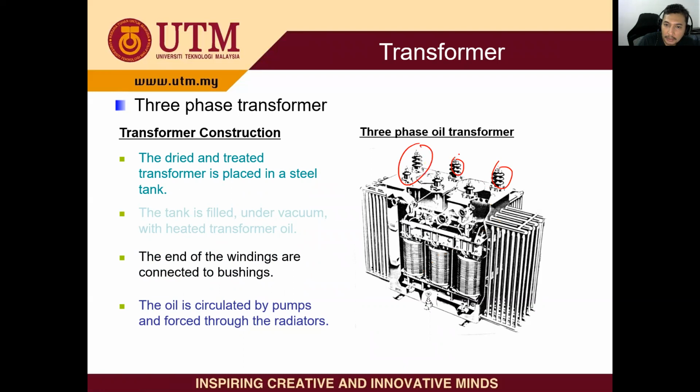We have phase A, phase B, phase C, primary, secondary, and also primary, secondary. So that is the bushing. The oil is circulated by a pump and forced through the radiators. We cool down the transformer because the transformer may become hot during operation, so we need a coolant to cool down the temperature. Here we are using oil.